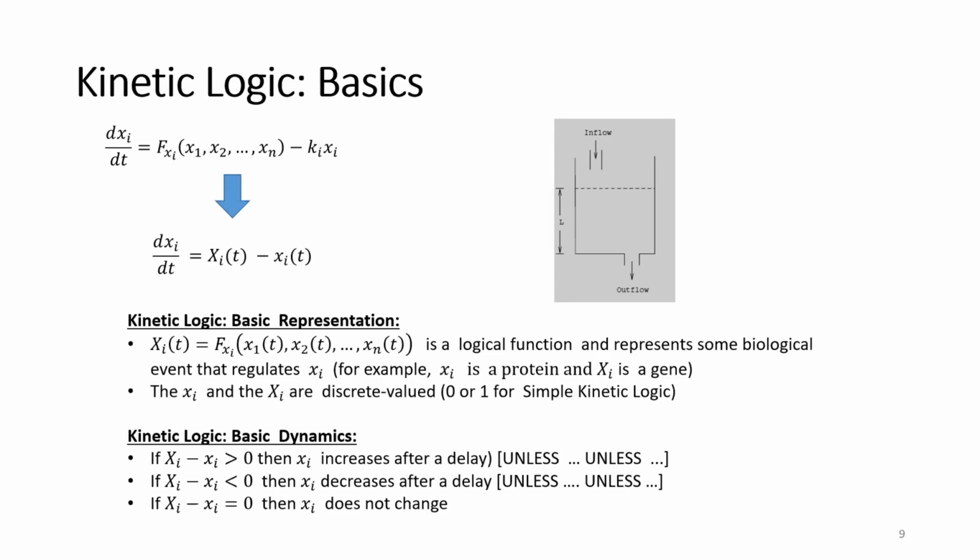If they're the same, then nothing happens to xi, except there are some unless clauses in the square brackets, which constitute at least 2 levels of exceptions that we were able to identify in Thomas's work, which makes the dynamics a little more complicated than these simple rules.